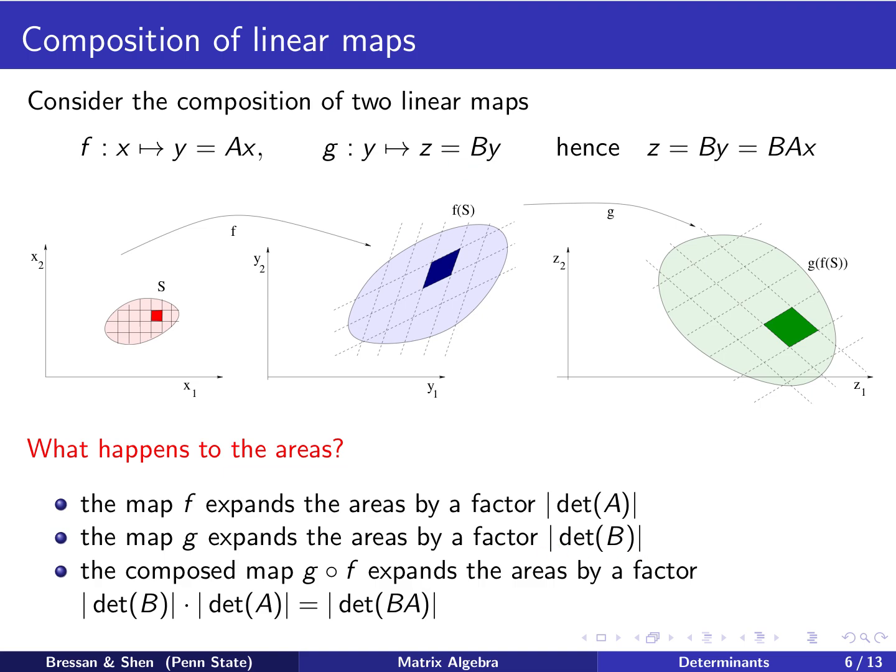And then the composition from X to Z, going through 2 rounds of linear transformation, would be expanding the area by a factor of the product of these two. So the determinant of B in absolute value times the determinant of A. And then from the property of the determinant, we know that that exactly equals the determinant of the matrix B times A.